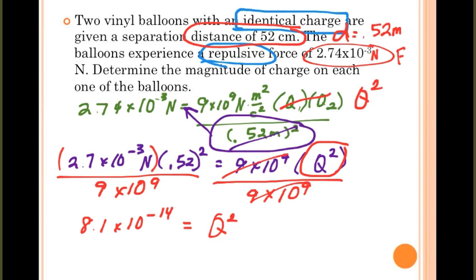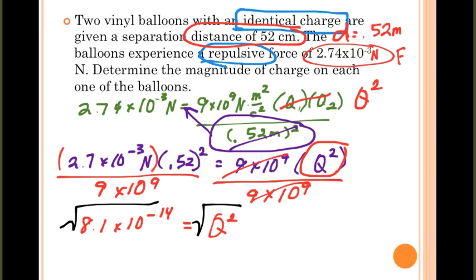And then the final step, of course, would be to take the square root. So I'm going to take the square root of both sides. Why am I doing that? Because I want to know just the value of Q. So I can take the square root of my number value. And that's a number with lots of zeros. So you can hit the scientific notation button. What I want your number to look like is in scientific notation.